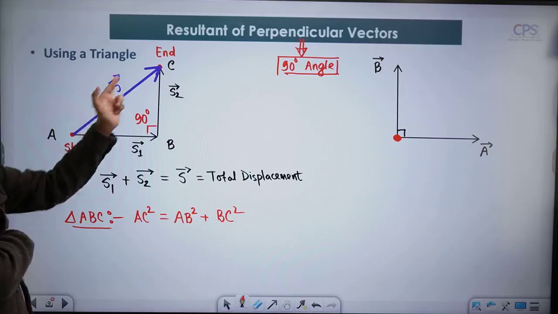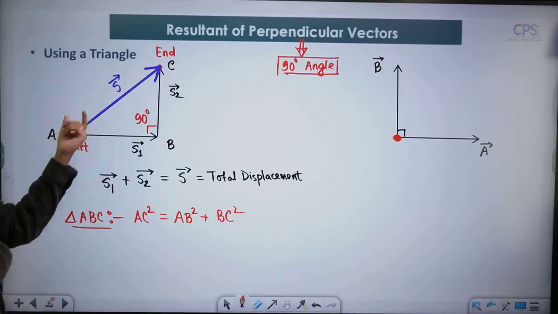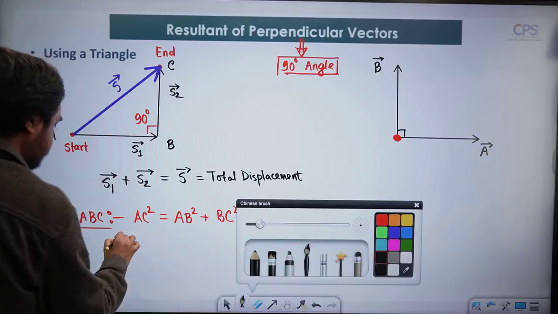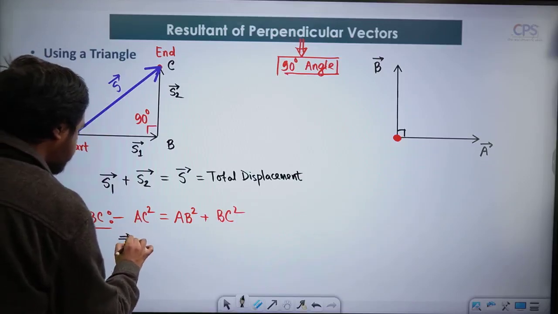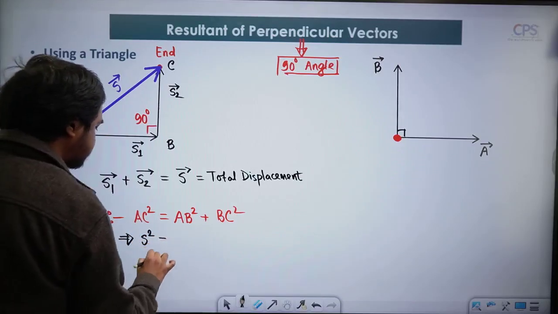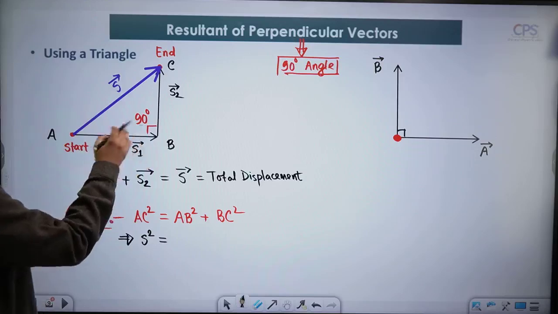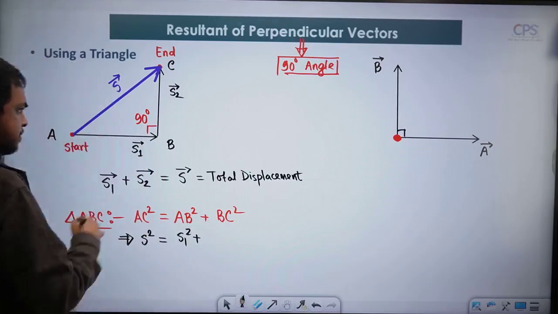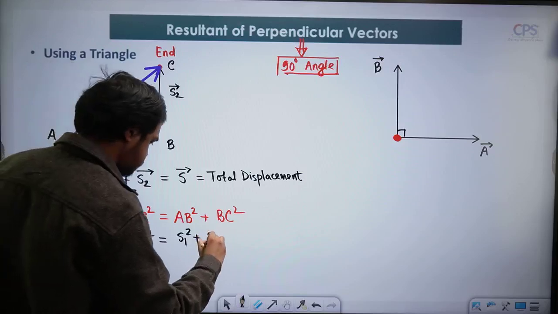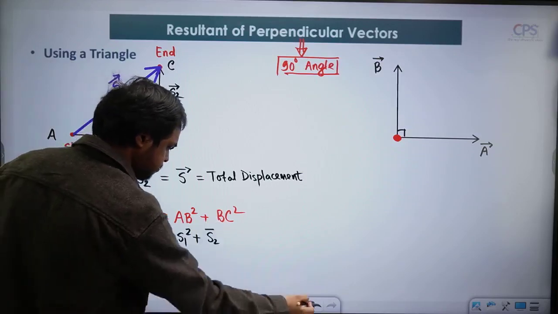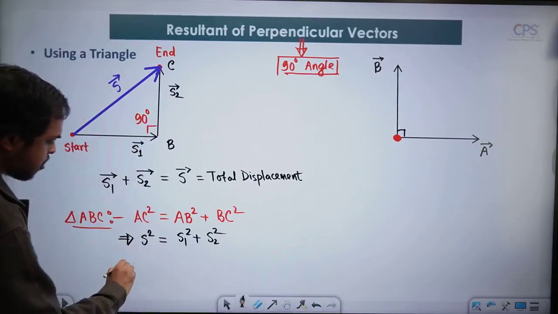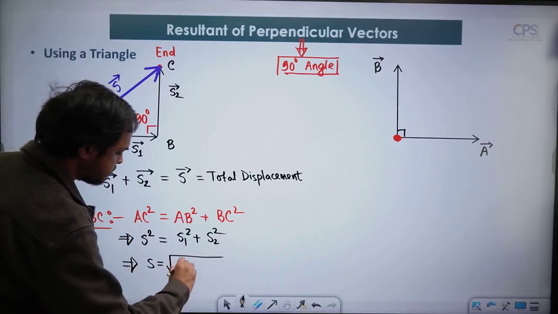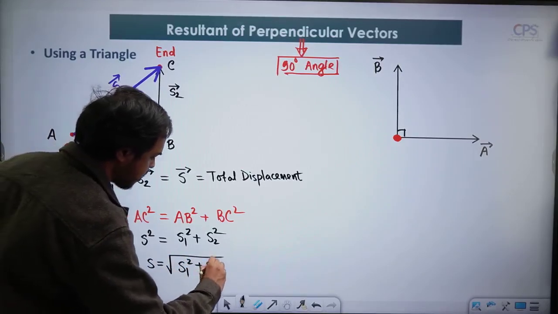So, what does AC mean? AC means the value of S, or we can say this is S square. What does AB mean? AB means the value of S1, S1 square. What does BC mean? BC means the value of S2, S2 square. So, overall S is equal to root over S1 square plus S2 square. See?